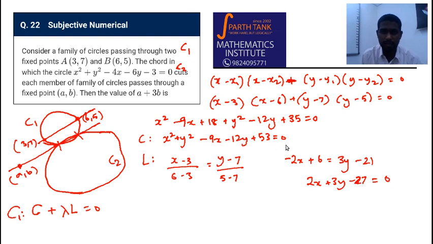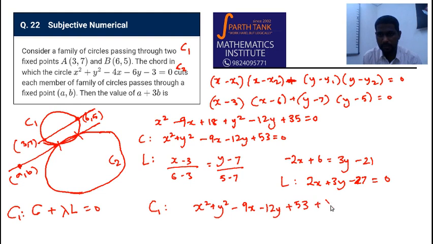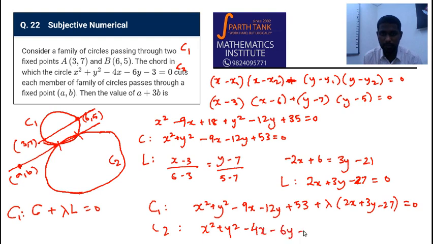So this is the equation of the circle, and this is the equation of the line. Therefore C1, the family of circles, is x squared plus y squared minus 9x minus 12y plus 53 plus lambda times (2x plus 3y minus 27) equals 0. And C2 is x squared plus y squared minus 4x minus 6y minus 3 equal to 0.